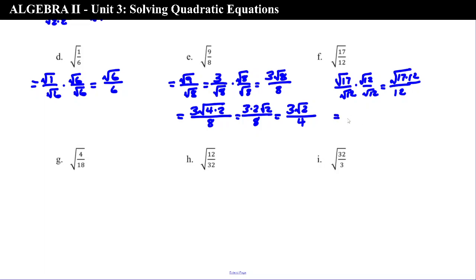So when we do that, we can simplify that 12 into 4 times 3. Can't do anything else with the 3, can't do anything else with the 17, but we can pull that 4 out. So that 4 pulls out and becomes 2. 17 times 3 is 51, and you have 12 in the bottom, and then this reduces down to the square root of 51 over 6.